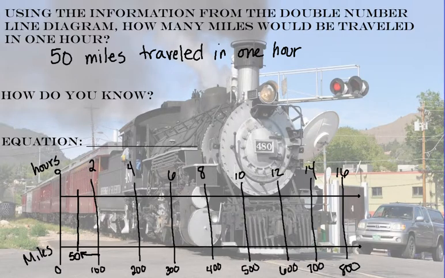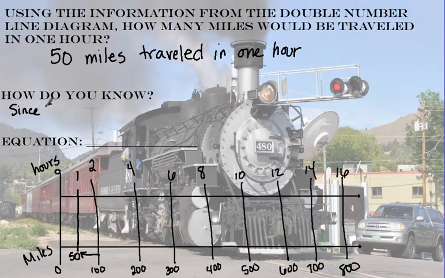Okay, because 0 miles takes us 0 hours, and 100 miles takes us 2 hours. So since we're going only half the distance, it should only take us half the time. Okay, so make sure you write out your full explanation.